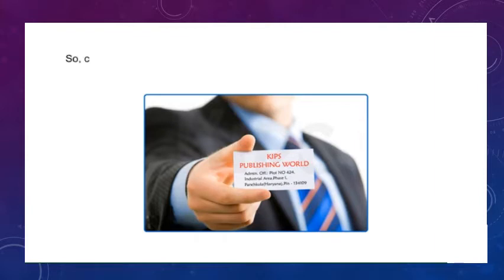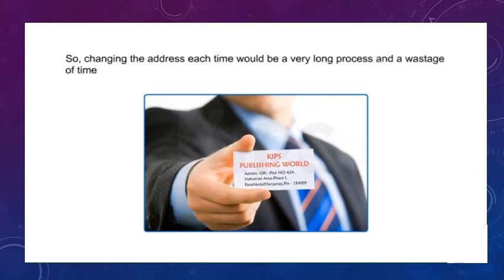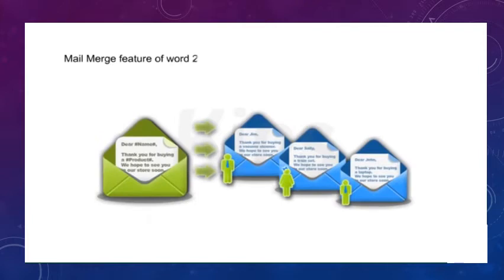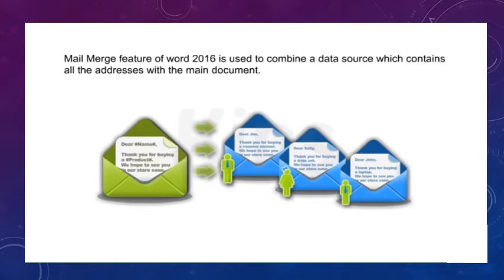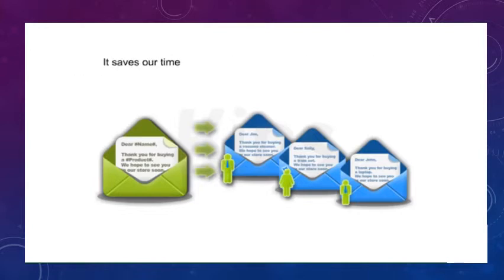So changing the address each time would be a very long process and a big waste of time and effort. The Mail Merge feature of Word 2016 is used to combine a data source, which contains all the addresses, with the main document. It saves our time and energy when sending letters to multiple addresses.